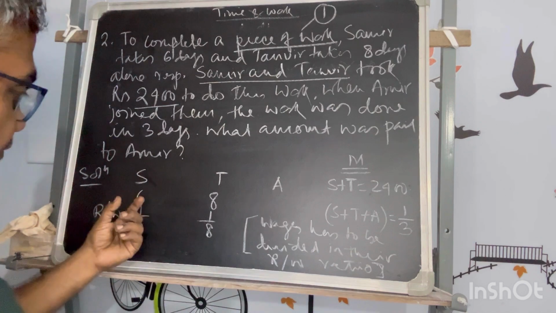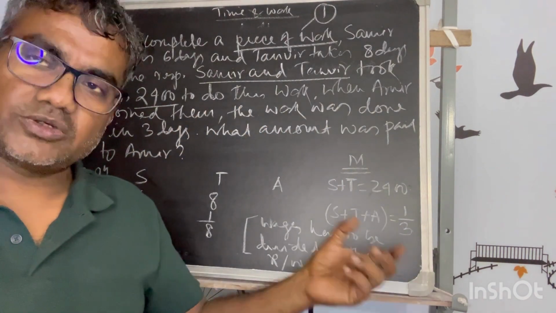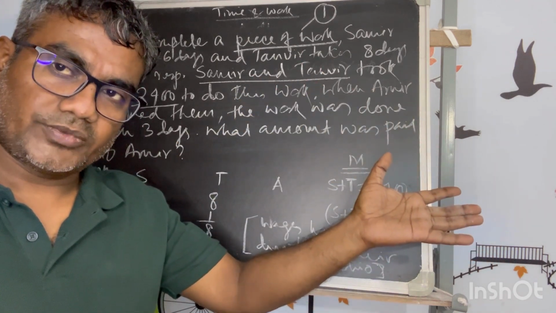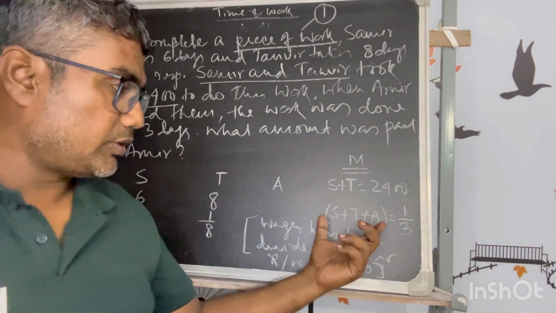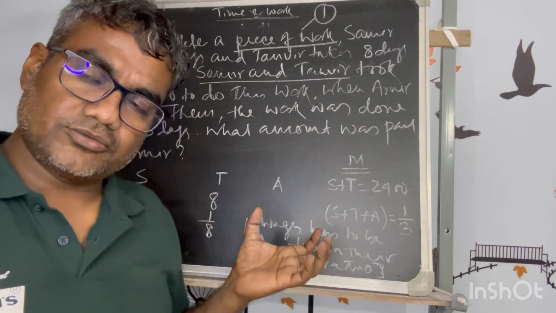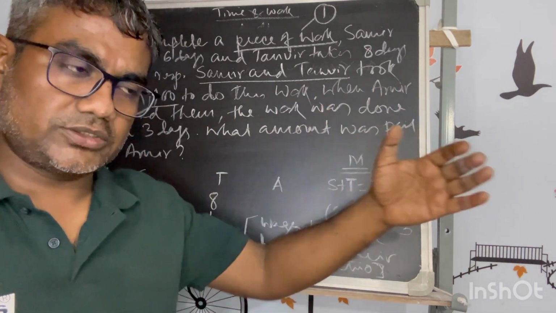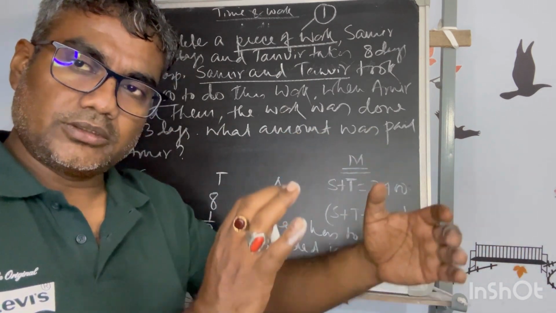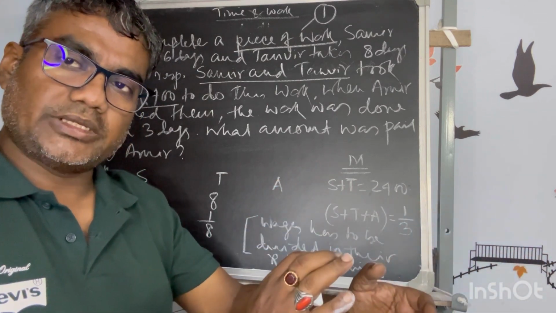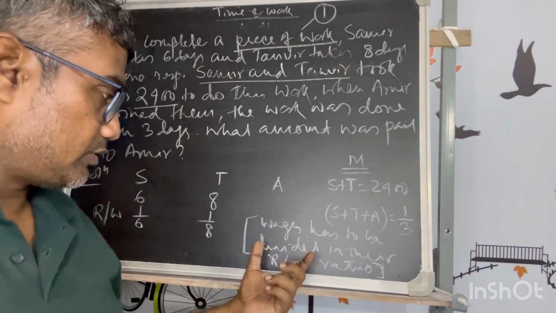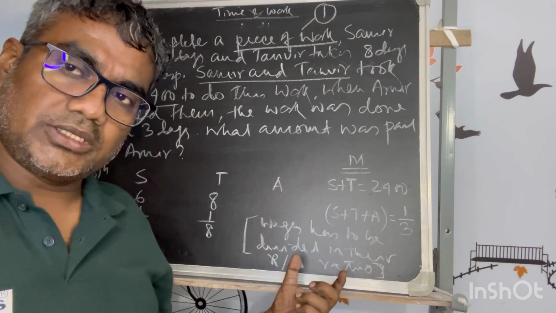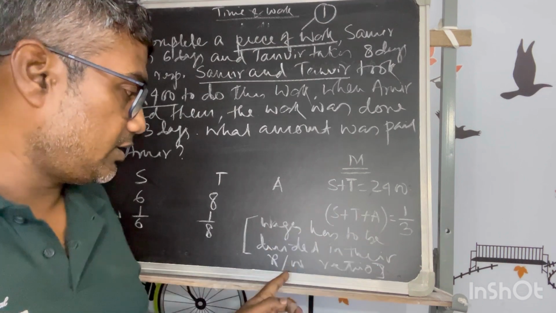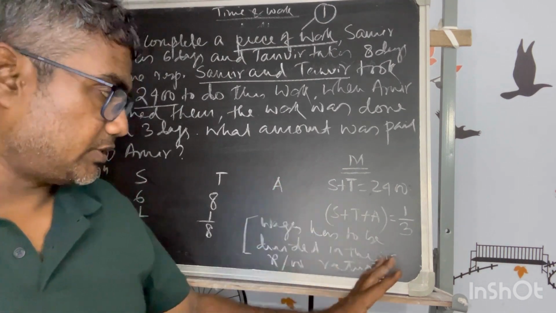The more efficient person will get more wages, because he will do more work and contribute more to completing the job together. The mediocre will do the mediocre part, and the less efficient will do less work. So wages have to be divided in their rate of work ratio.